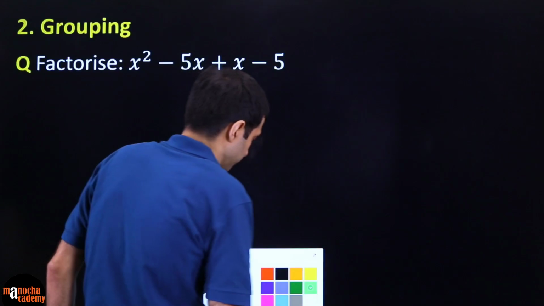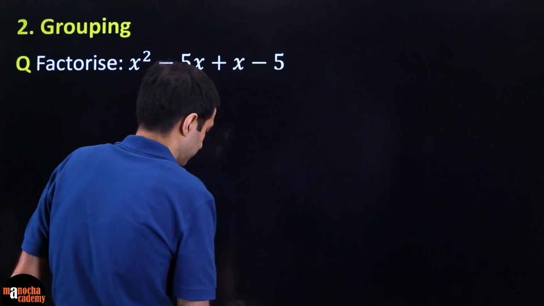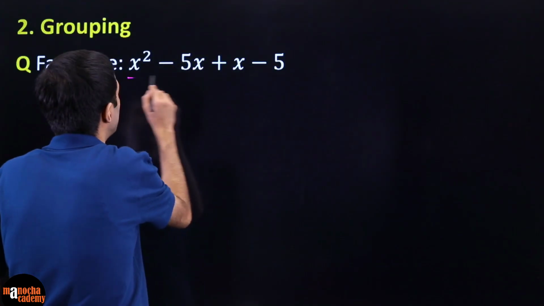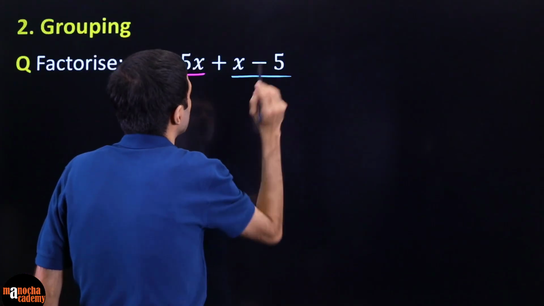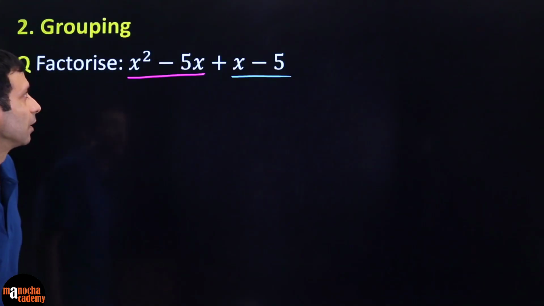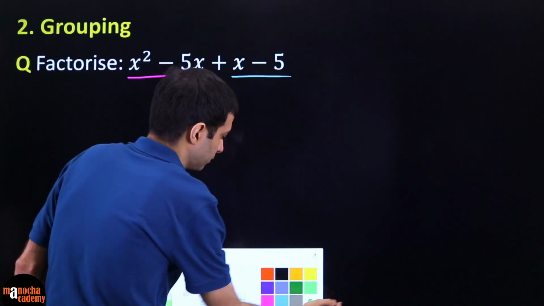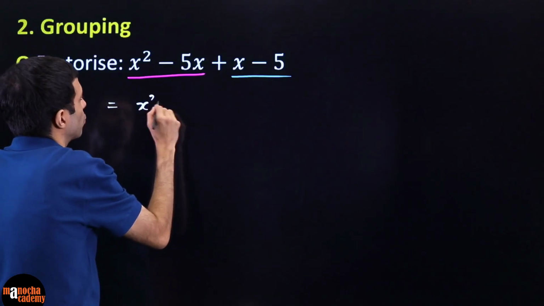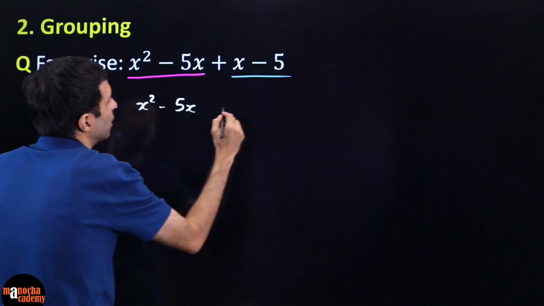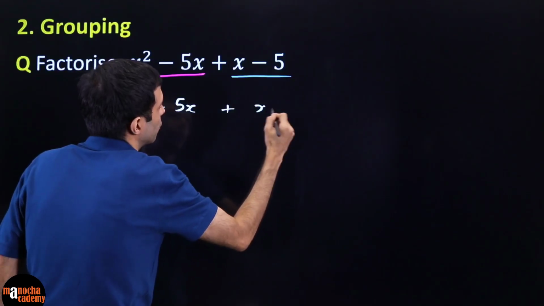So let's say we group these two guys and we group these two guys. So what do we get? So if we are considering x square minus 5x and then the x minus 5.